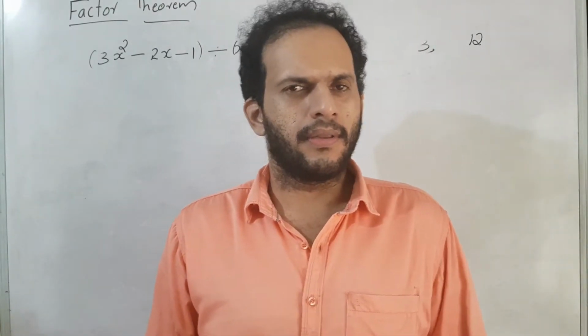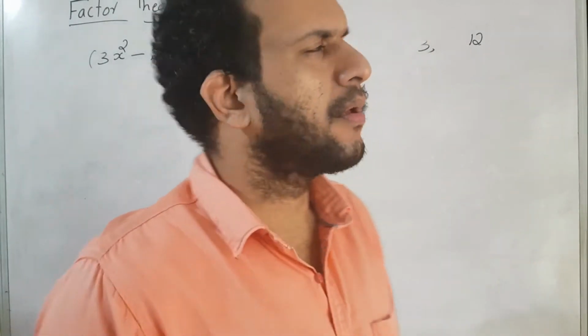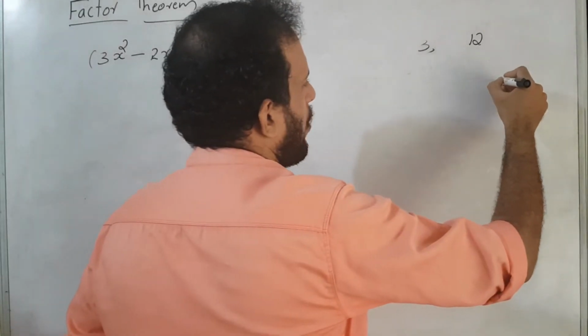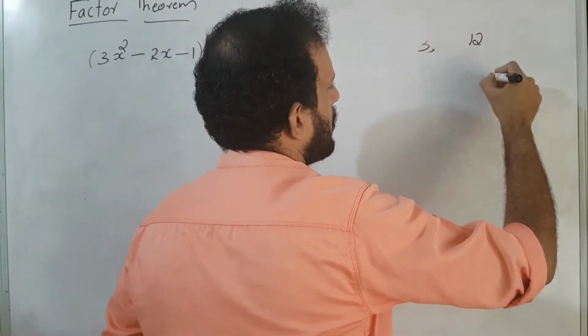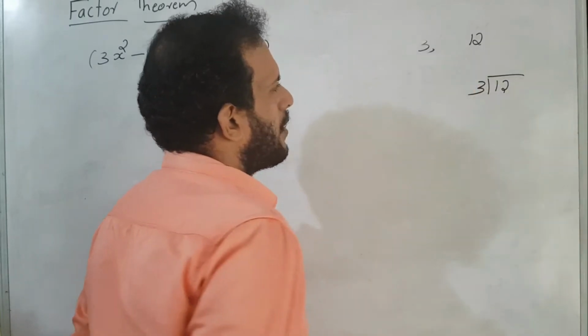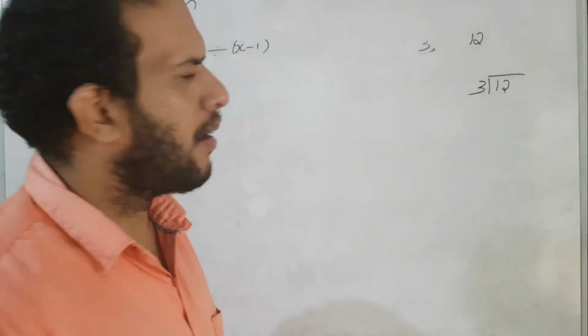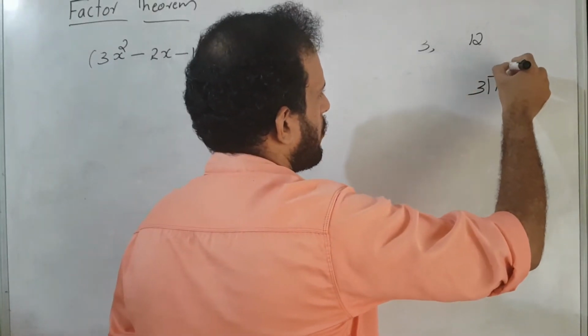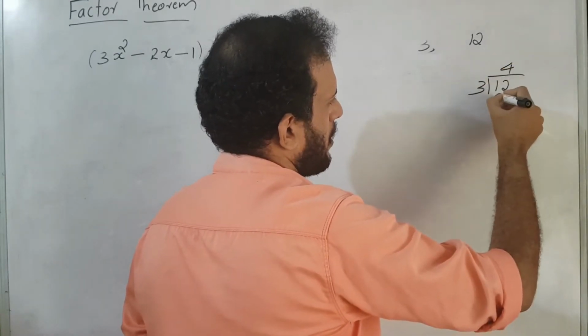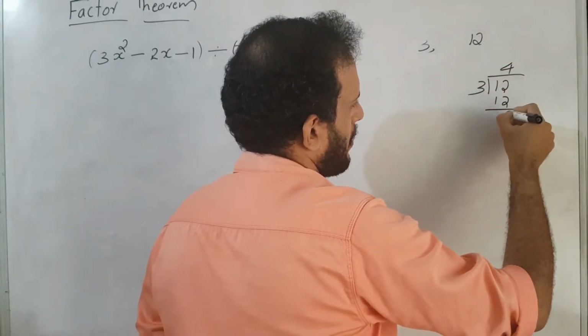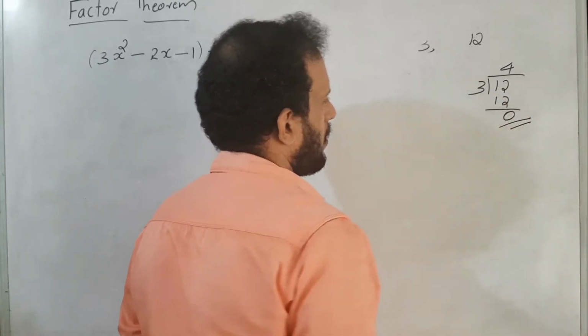3 is a factor of 12 means if we divide 12 by 3, what do you get? The quotient is 4. 4 into 3, 12. And the remainder is 0. Correct?